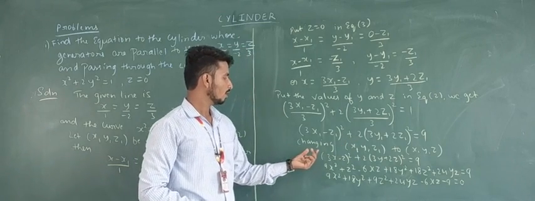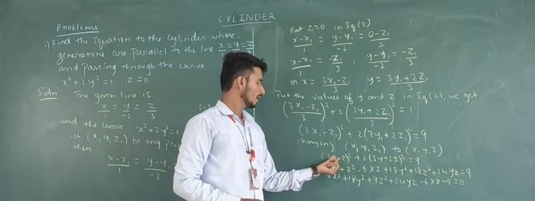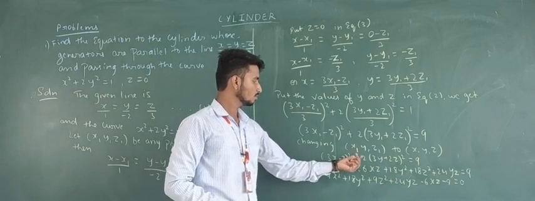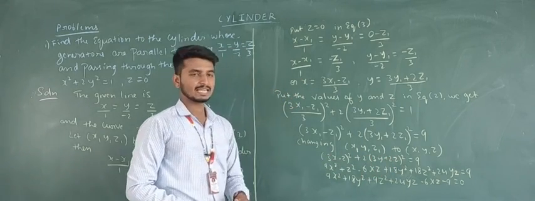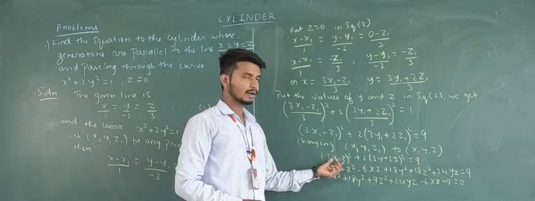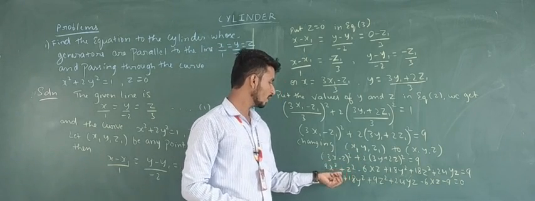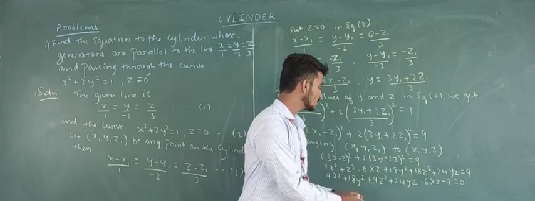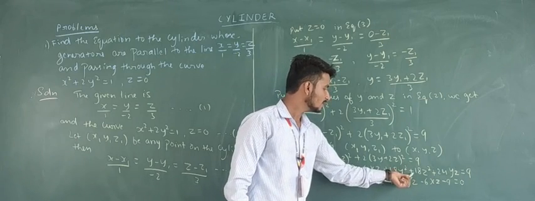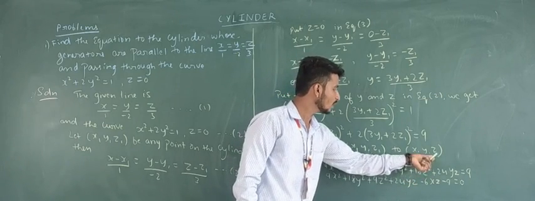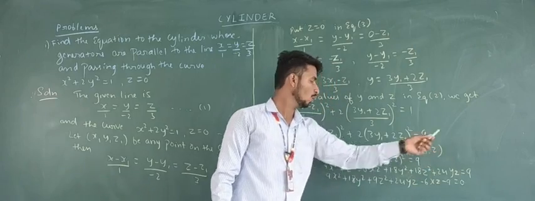Now we will expand this using the a minus b whole square formula, and here also we will use the a plus b whole square formula. Then the equation will be 9x square plus z square minus 6xz plus 18y square plus 18z square plus 24yz equal to 9.